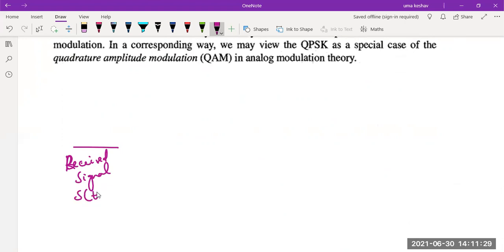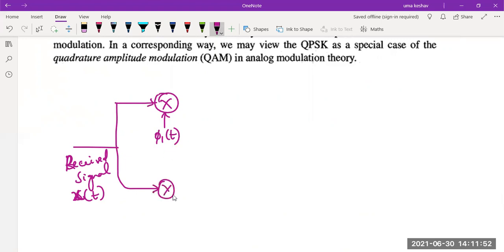That received signal, we used to call it x of t. It should be passed on to two branches, or two sets of correlators. You know how to draw the correlators. In the upper correlator, I will use the first orthonormal basis function to multiply, phi 1 of t. And for the second one, I will use the second orthonormal basis function, phi 2 of t.